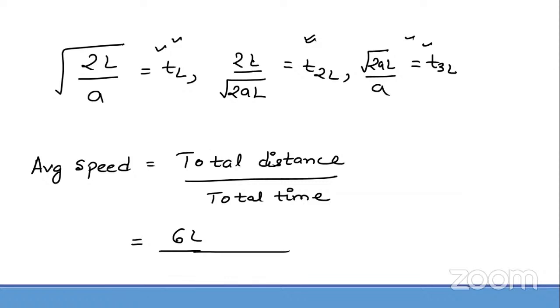So let us simplify this. Let me write it here. TL plus T2L plus T3L. Okay. Let us simplify. So TL plus T2L, for your convenience, I'm solving it in a separate sheet. So when you see the PDF, it will be easy for you.